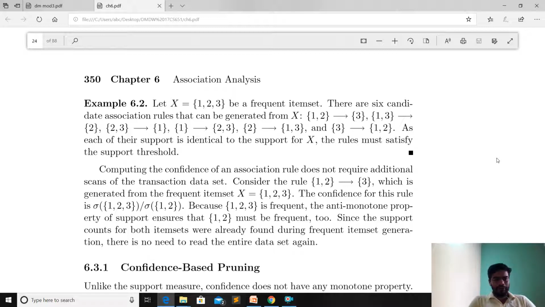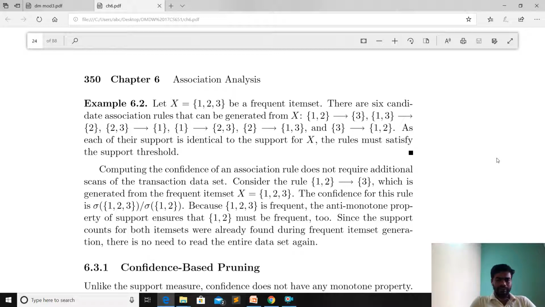Now, coming to the confidence, computing the confidence of an association rule does not require additional scans of the transaction data set. For calculating support count we need to scan the database, but to calculate the confidence we need not scan the transaction data set again. Consider the first rule {1,2} implies {3}, which is generated from the frequent item set X = {1,2,3}.